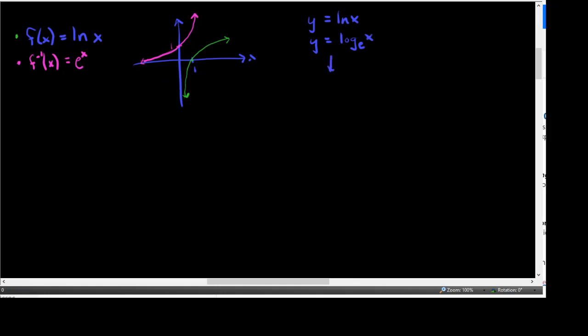Okay, then the inverse is going to be: change every y into an x and every x into a y, then solve for y. And to solve for y, what I'm going to use is the exponentiation of both sides of the equation as a power of e. So that's going to be the new thing we're introducing, that we're making the left side the exponent of e and the right side the exponent of e.